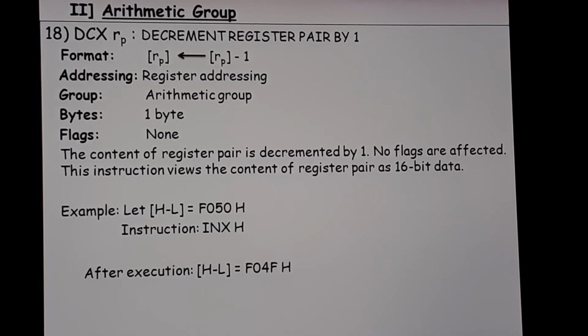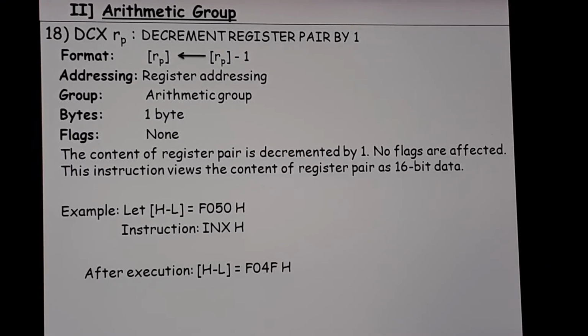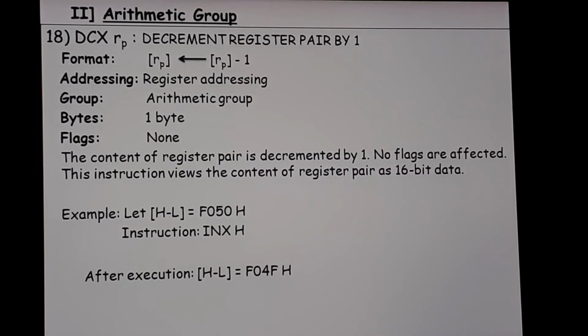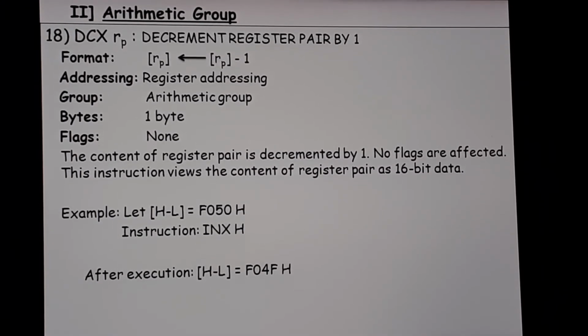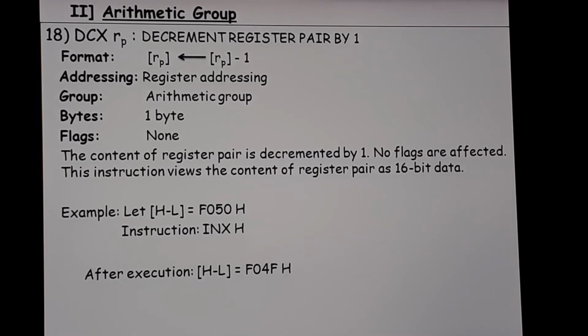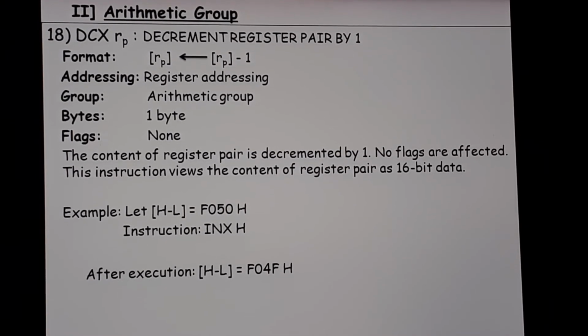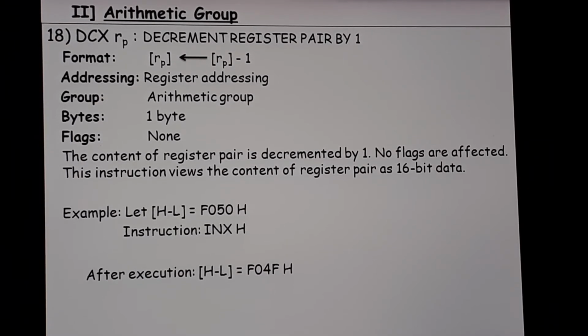So the next instruction in this video is the last instruction of decrement. We have a total of 3 increment instructions and 3 decrement instructions. Then we have 6 addition instructions, then 6 subtraction instructions, correct? So the next, 18th instruction is DCX RP, which stands for decrement the register pair by 1.